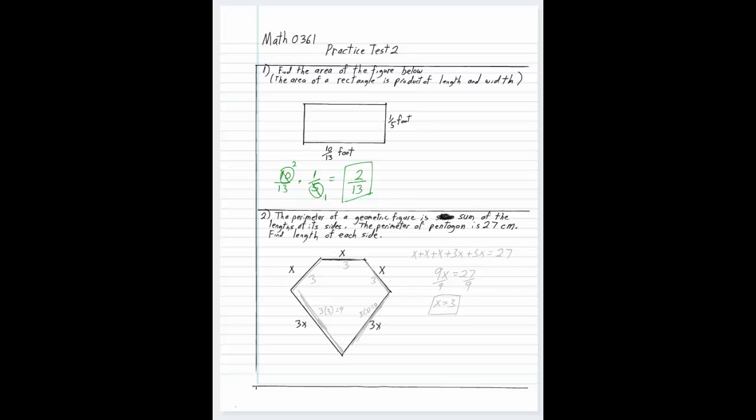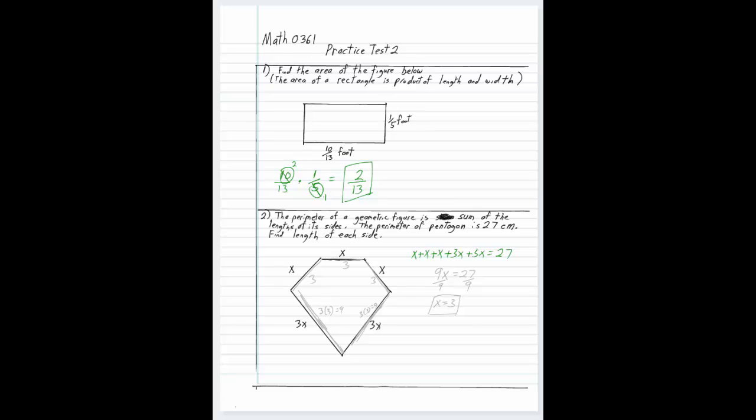Question 2, we would like to find the perimeter. We know that the perimeter is 27 centimeters, but we would like to find out each of these sides. To get the perimeter, we add up all the sides. So we would do x plus x plus x plus 3x plus 3x equals 27.